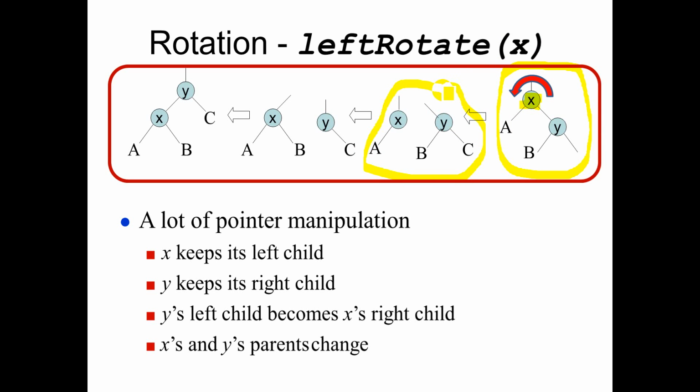As before, these two, the outer children of X and Y, will not be interfered with; no one will interrupt them. But this B, as in the right rotation, is now the left child of Y. It will become the right child of X. Let me clear the screen.